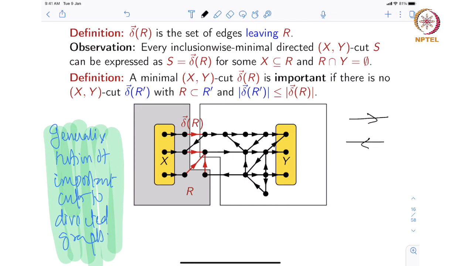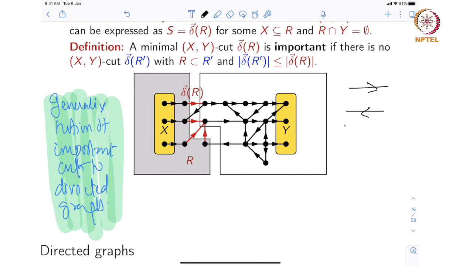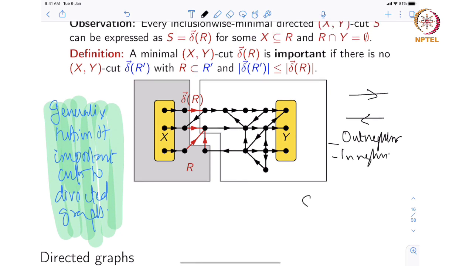Given this, you have a notion of out neighbors and in neighbors, so you can define delta out of a set R and delta in of a set R, but we will develop our theory with out neighbors only.